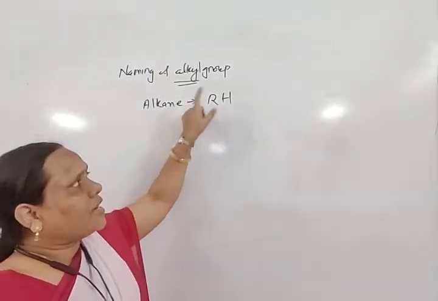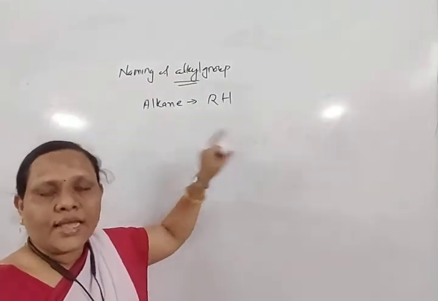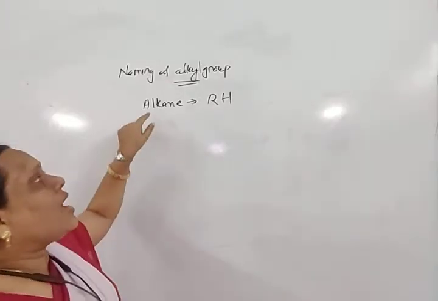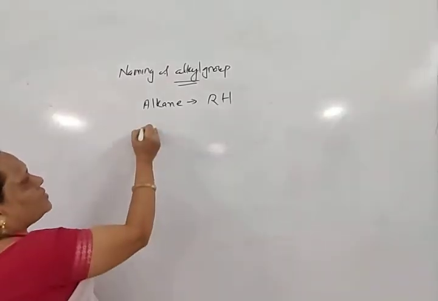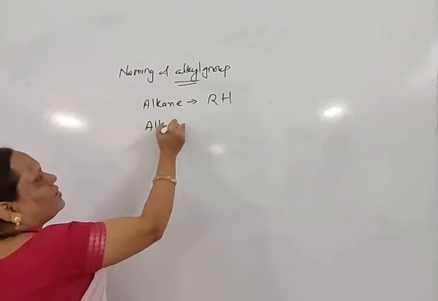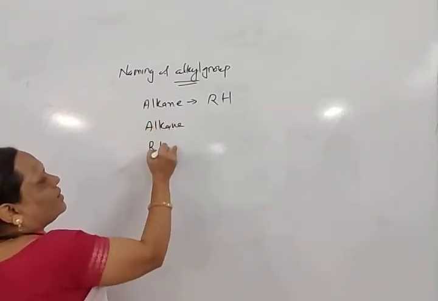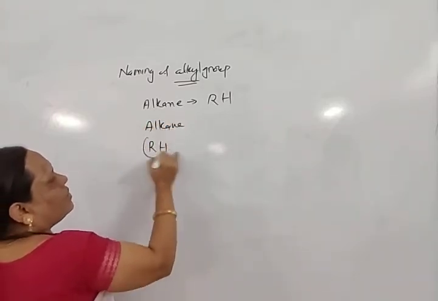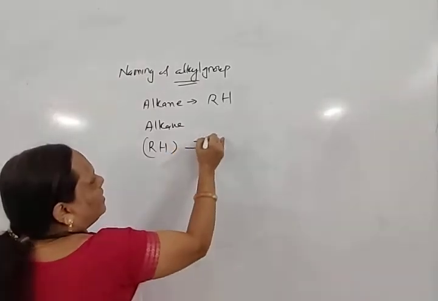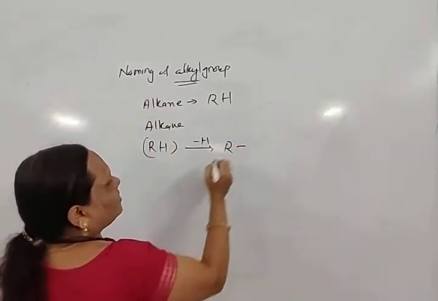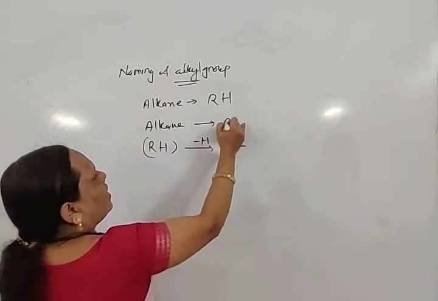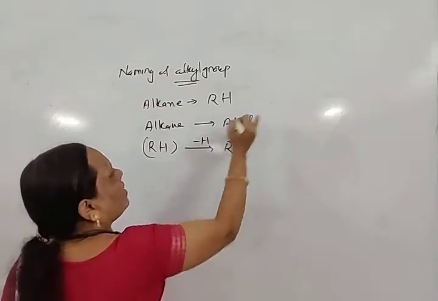If one hydrogen atom is removed from this alkane, then that is known as alkyl. So alkane we can write as RH, minus H, that group is represented as R, and that is known as alkyl.